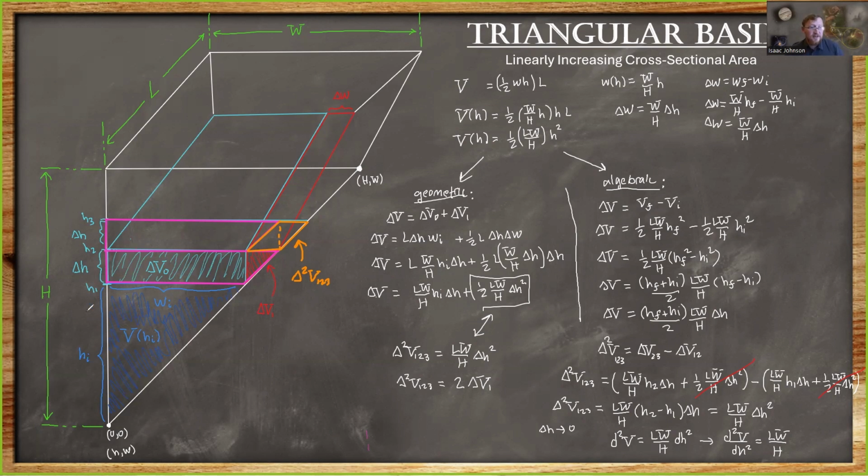And then, of course, the last and funnest change is going to be the change of change of change. That's applying the change operation 3 times. How many points do we need to do a third difference, or find the change of change of change? Four. H4. Yeah, we need an H4 up here.